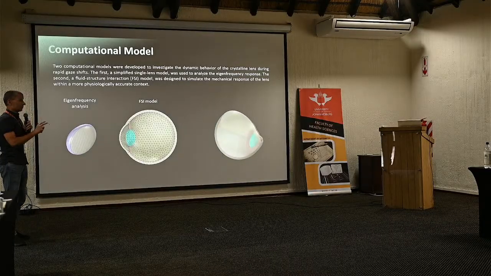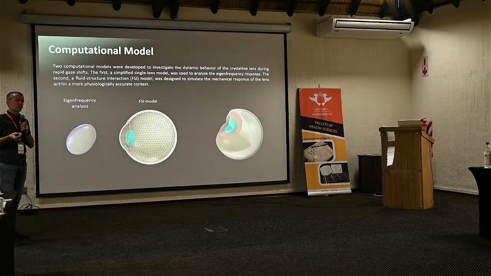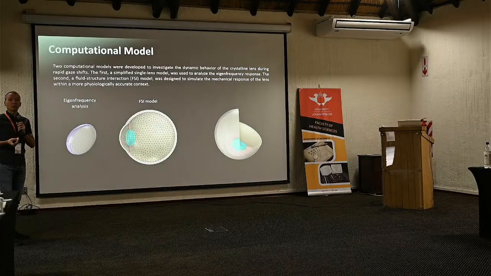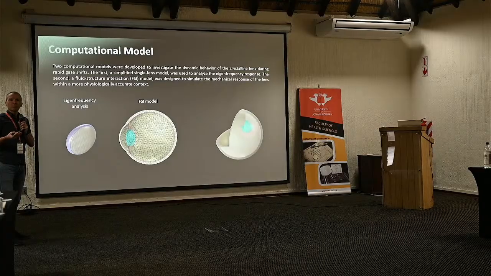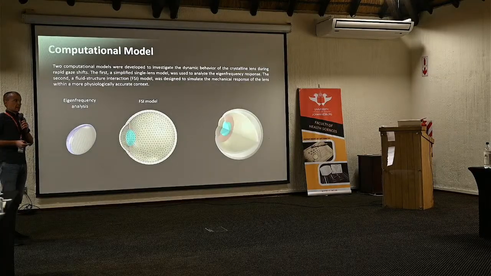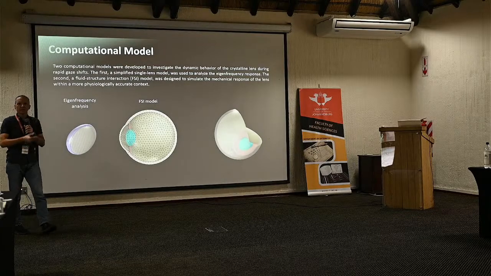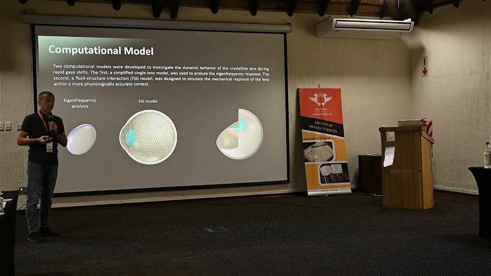With this model, given an elastic property of these fibers, we analyze the eigenfrequency modes that are suitable and in which the lens behaves when oscillating. This was our first approach, just to have an idea of the principal modes of this system.